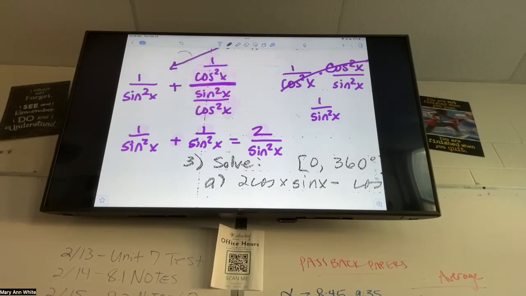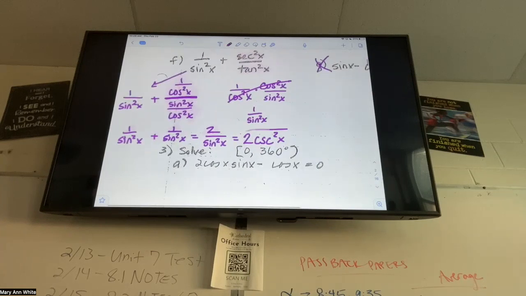I do want to go one more step. I don't really want sine in the bottom. When sine's in the denominator, which trig function is that the same thing as? Cosecant. So this is 2 cosecant squared x. Whenever that sine's in the bottom, I can flip it on top and make it cosecant. Final answer.